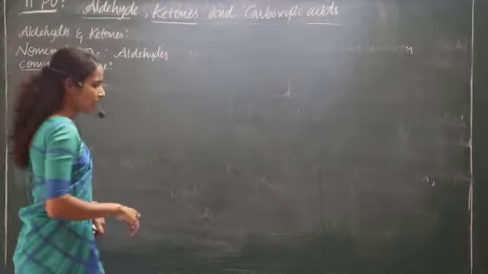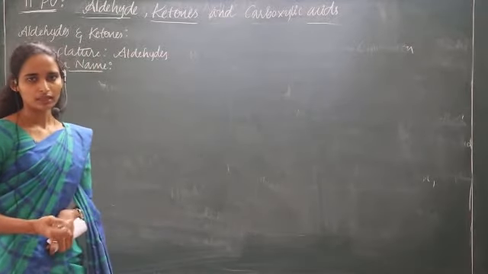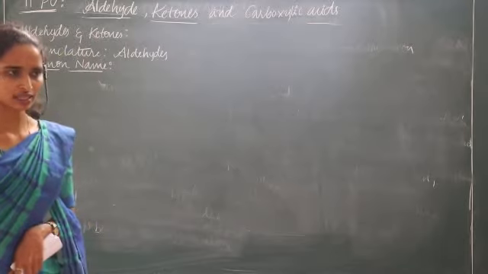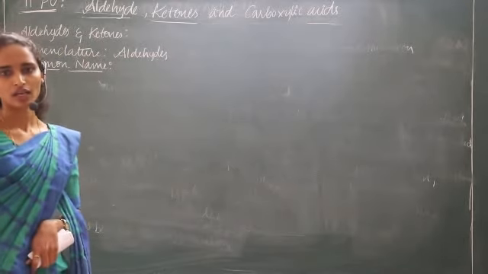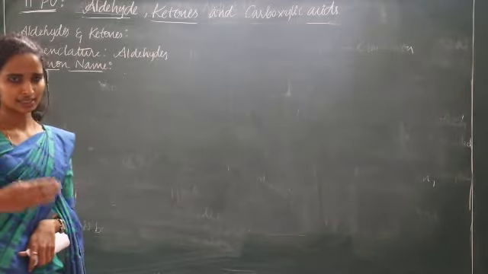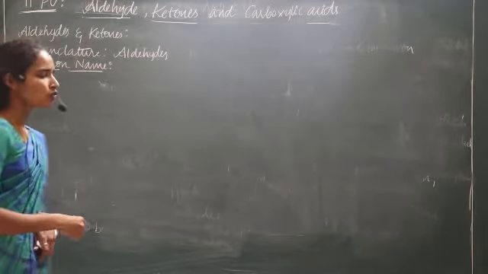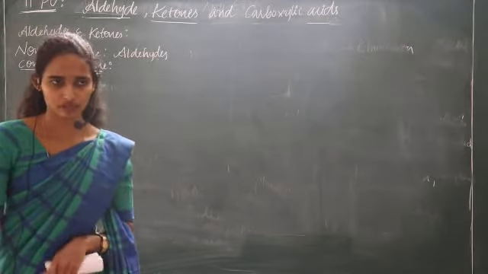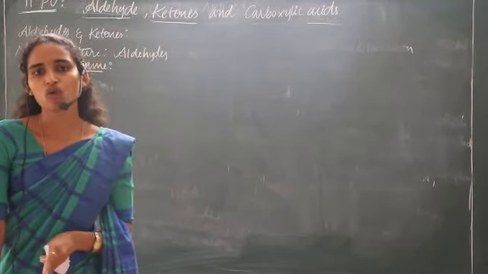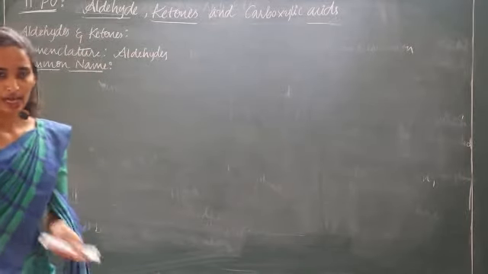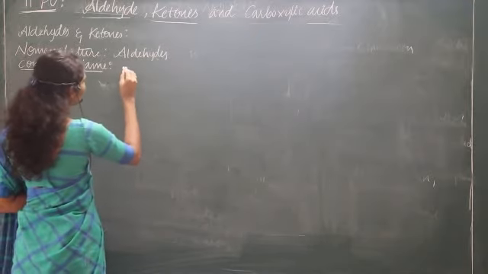Suppose if we have acetic acid, the common name of its aldehyde is acetaldehyde, which is derived from its acid, right? Or formic acid, its aldehyde is formaldehyde. Formic acid, formaldehyde. Acetic acid, acetaldehyde, right?